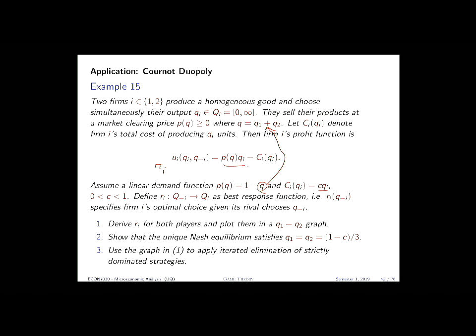Now, can anybody tell me what are the actions here for each firm? The choice of quantity. So is it again 1 or 2 actions? Previously we had, for instance, right and left. But now the choice of quantity is also a continuous set. So therefore, the set of actions is also continuous.